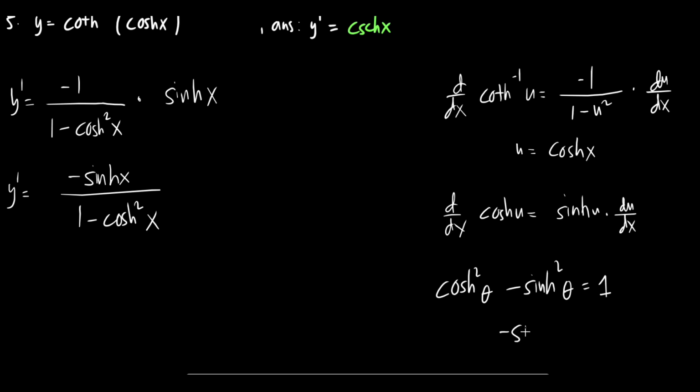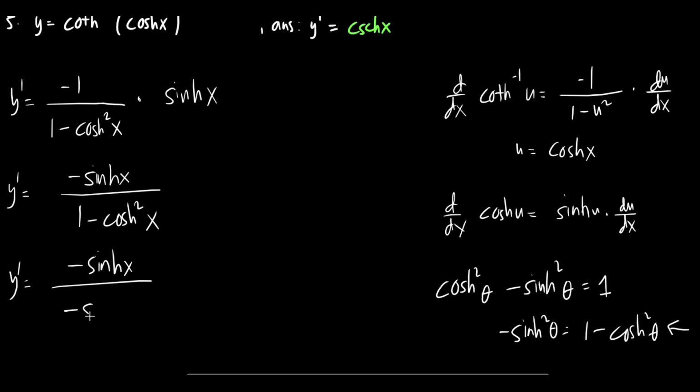So we have negative hyperbolic sine squared theta is equal to 1 minus hyperbolic cosine squared theta. We will substitute that to the denominator. So we have y prime is equal to negative hyperbolic sine of x all over negative hyperbolic sine squared x.